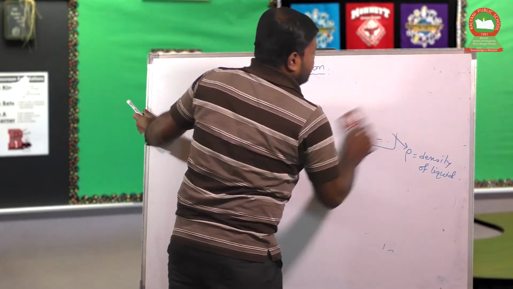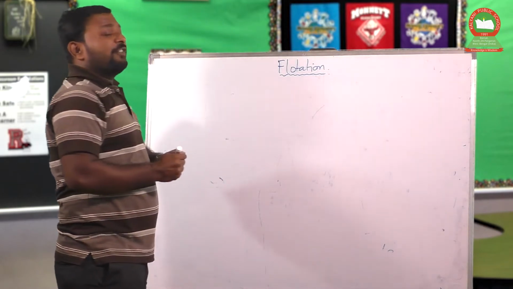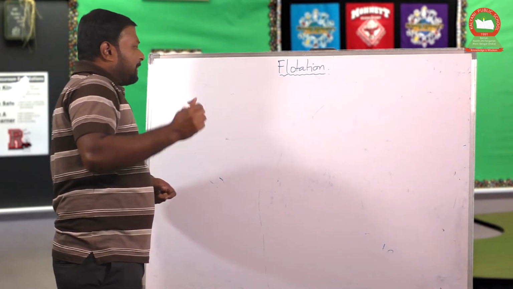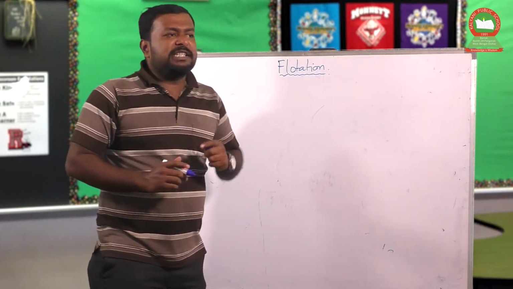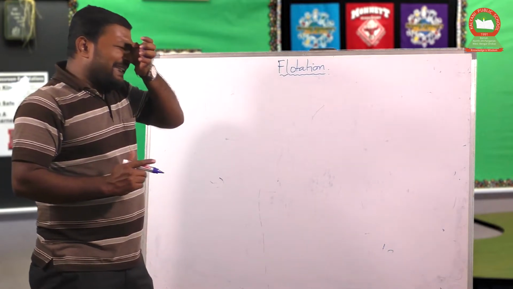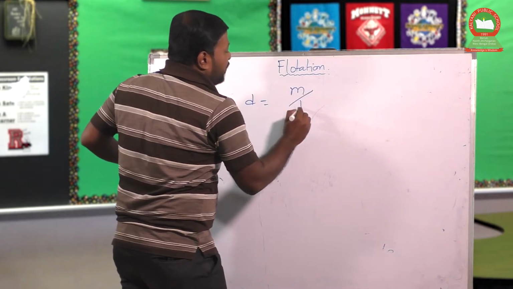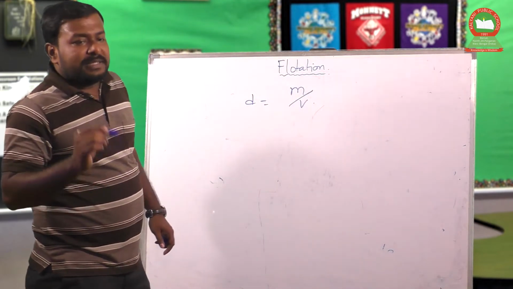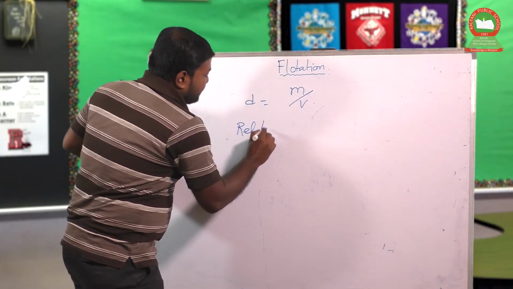Now there is the important concept of relative density. For the previous case, there are two defined densities: one is the density of the liquid, another is the density of the solid body. Density is defined as mass per unit volume. Now there is an important density-related topic called relative density.